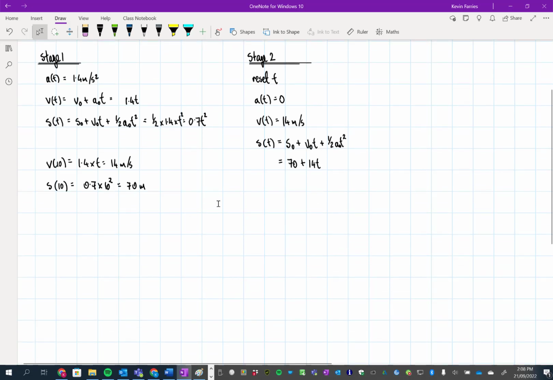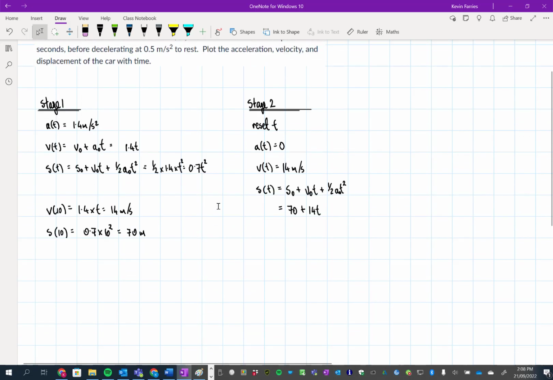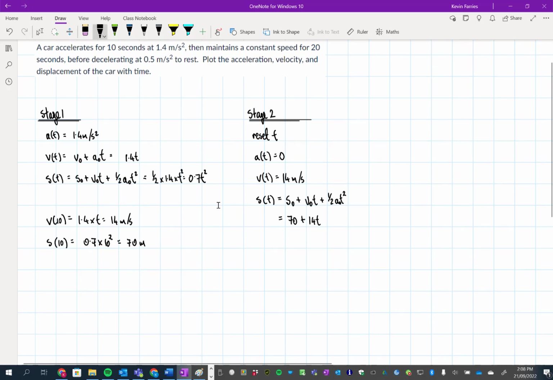So at the end of the stage, it goes for another 20 seconds. So the velocity at 20 seconds from the start of the stage, the velocity is constant, so it's just 14 meters per second.